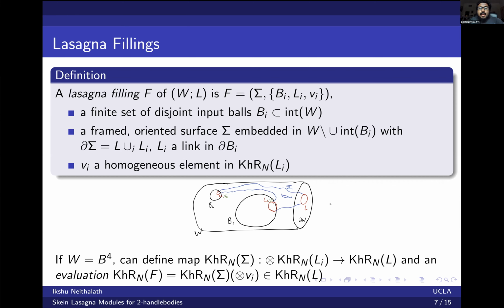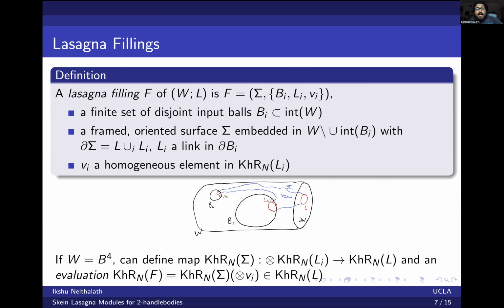Okay, and since we've labeled all the internal links by elements of their Khovanov-Rozansky homologies, we can apply this map to those elements and produce just a single element in the homology of the external link. So this is what I mean by an evaluation of a filling of the four ball. Given a filling of the four ball, we can just evaluate it and produce a single element in the Khovanov-Rozansky homology of the external link.